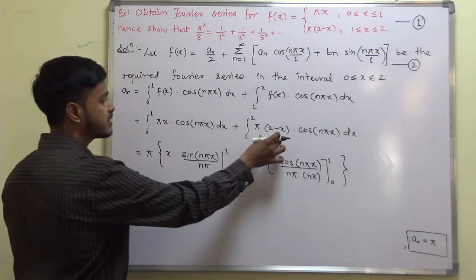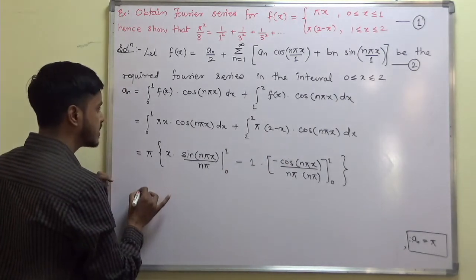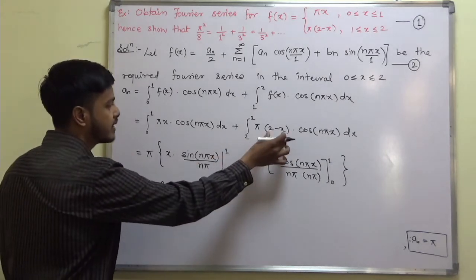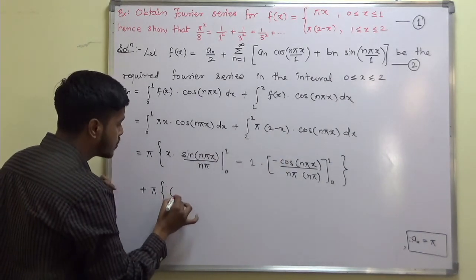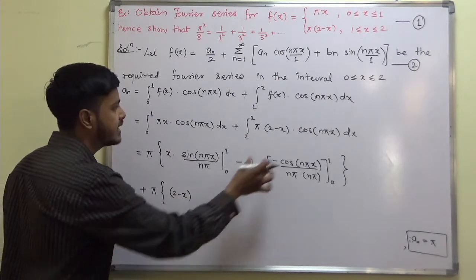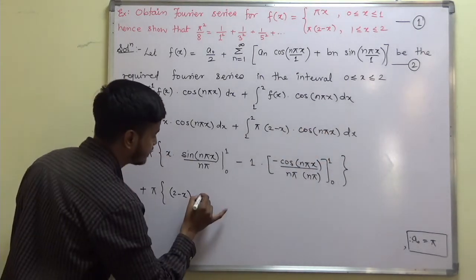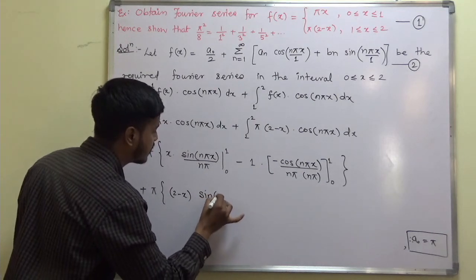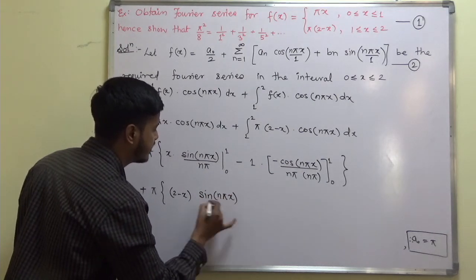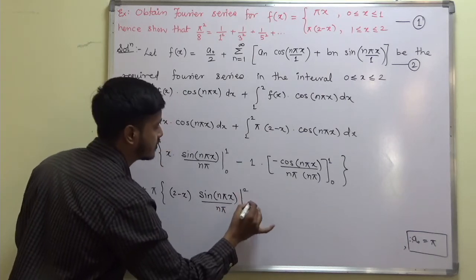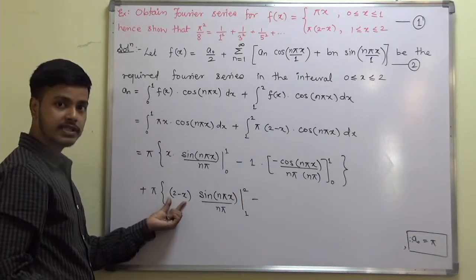Now apply integration by parts for this. So this is plus pi. First function is 2 minus x, integration of cos is sine, limits 1 to 2, minus derivative of this.